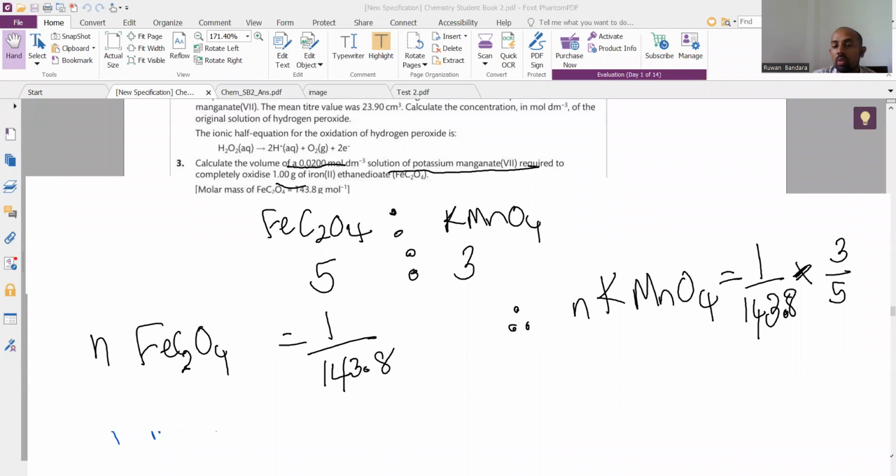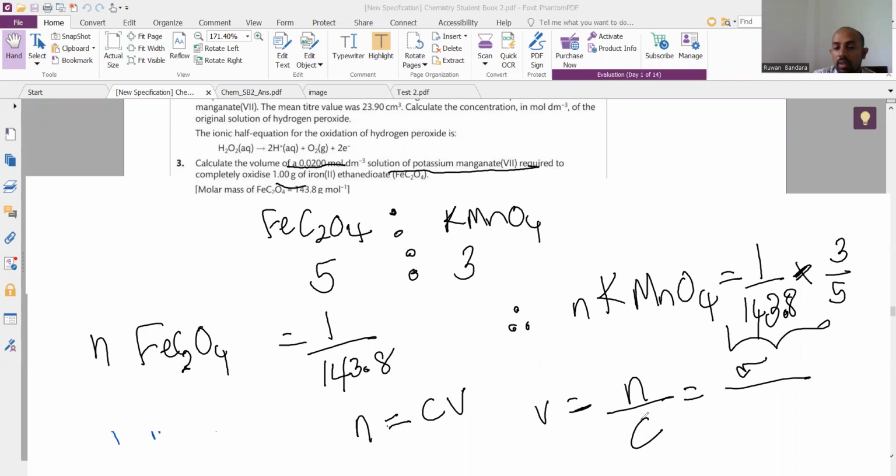Now, if you know the moles, you can simply use the n equals CV equation, right? And you can make V the subject. V is the number of moles divided by the concentration. So, can anyone tell me the answer for this number of moles? And the concentration is 0.02, and you can get the volume in dm3.